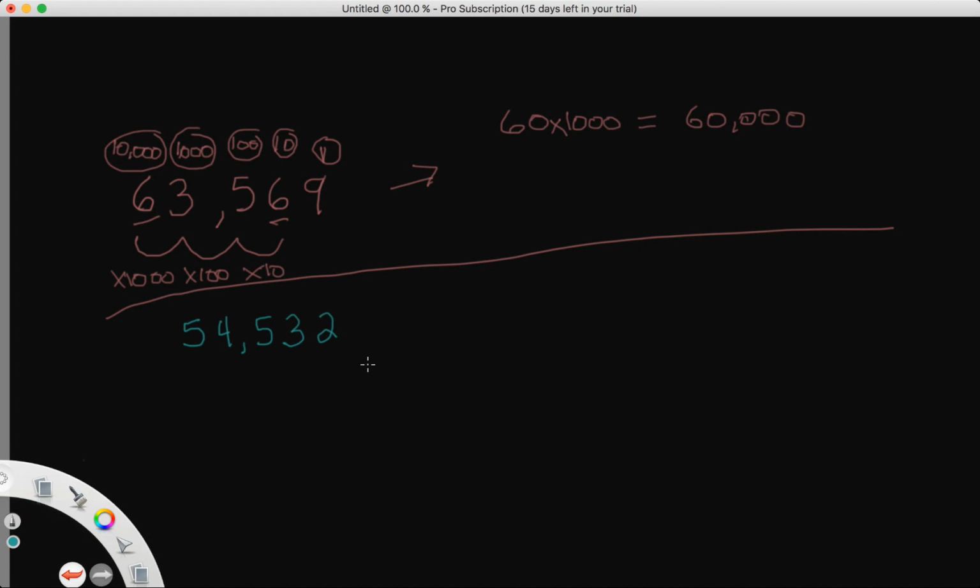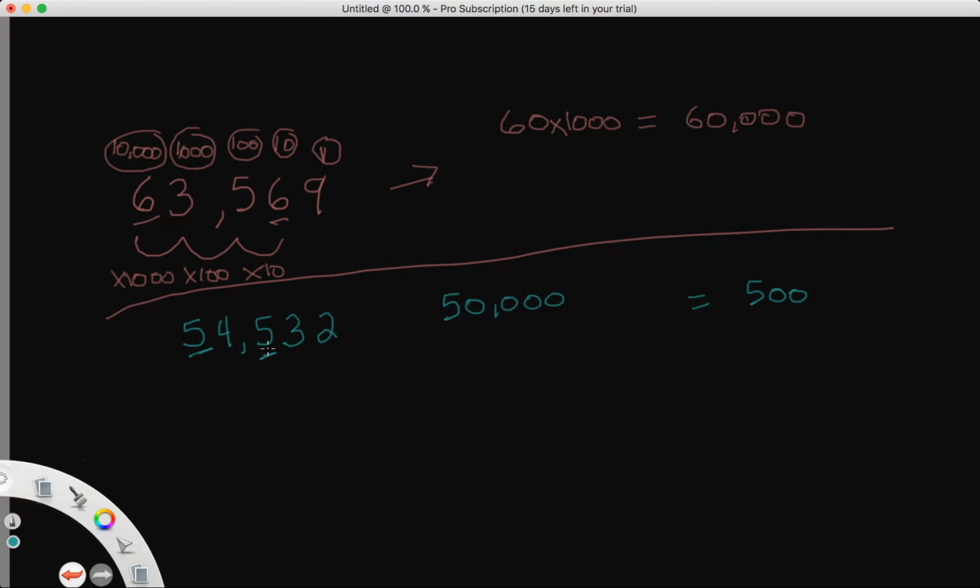So go ahead and isolate those 5s and determine the value of each 5. Go ahead, stop, and do that right now. All right, so what you should have is 50,000, right? That's the value of that 5. And 500. And we're going to compare those values right now.